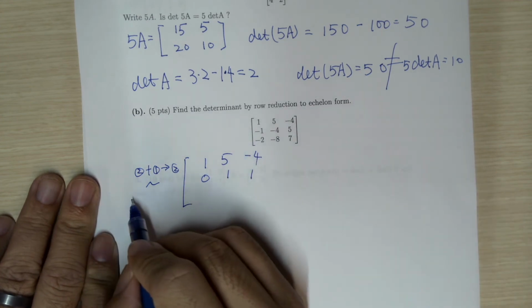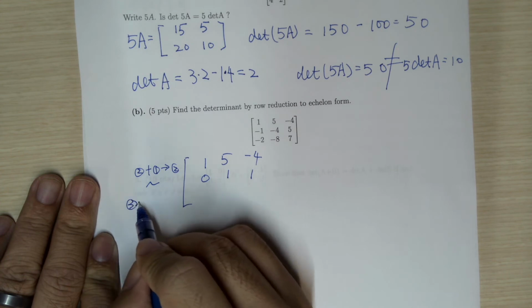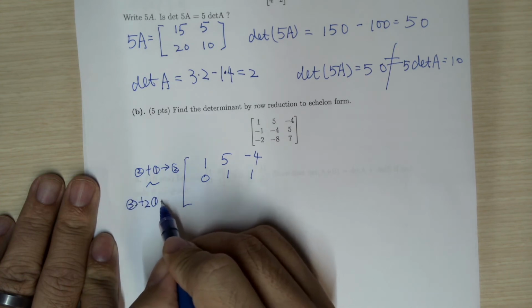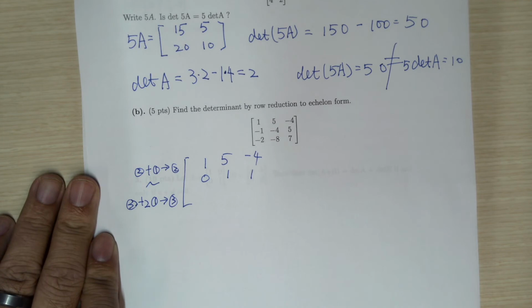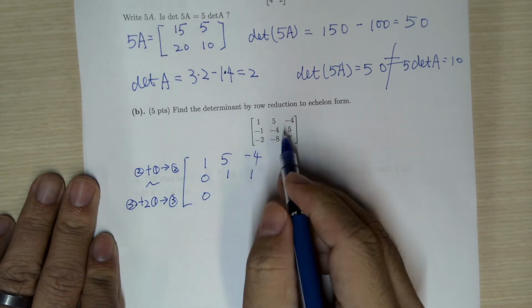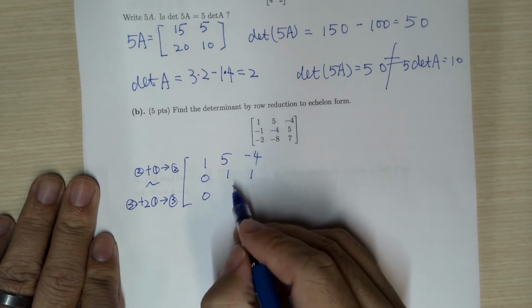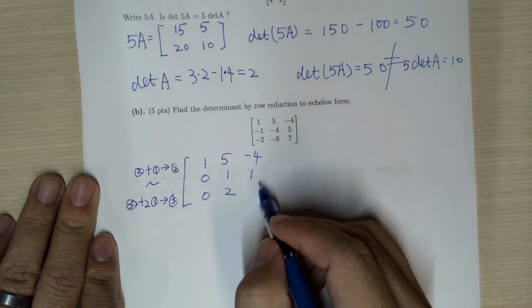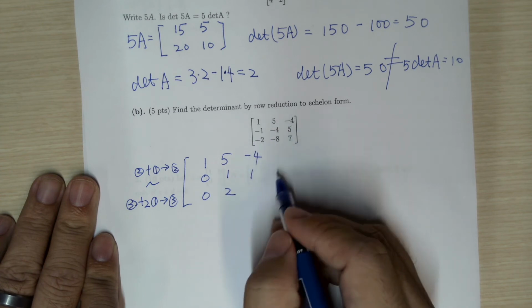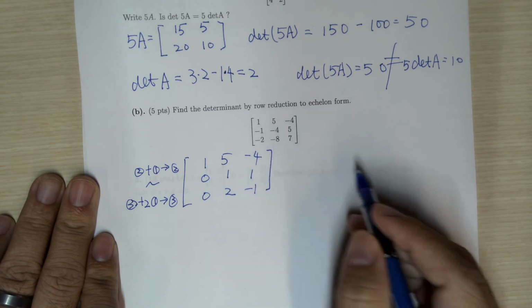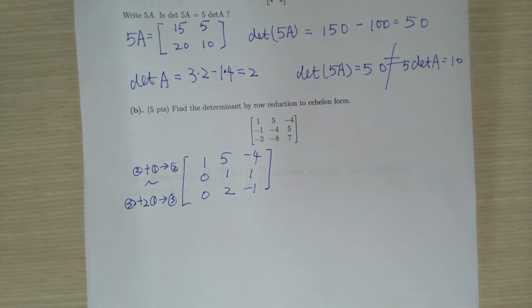And then if we use row 3 plus 2 times row 1 as the new row 3, it's going to be 0. This part is going to become 2. This part is going to become negative 1, right? So that's what we get.